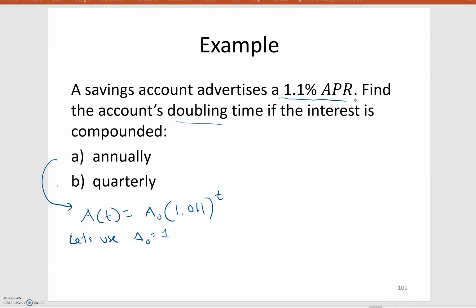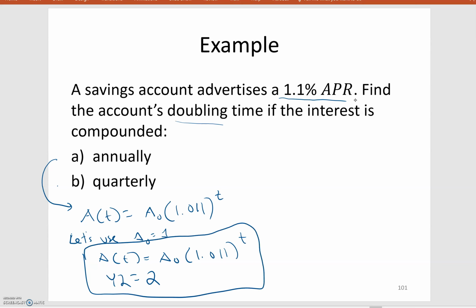That's the easiest. And so then my model would just be A(t) equals a sub 0 times 1.011 to the t. And then for y2, we would just put in 2, and we could do calc intersect with this setup to get our doubling time. I'm sorry, that's supposed to be a 1. I said it was 1.